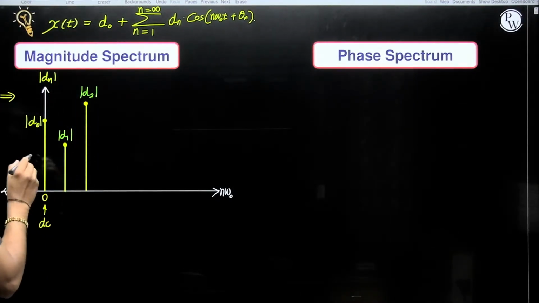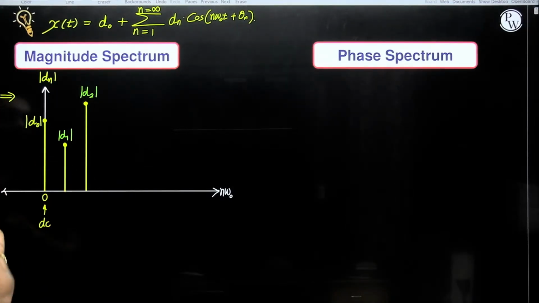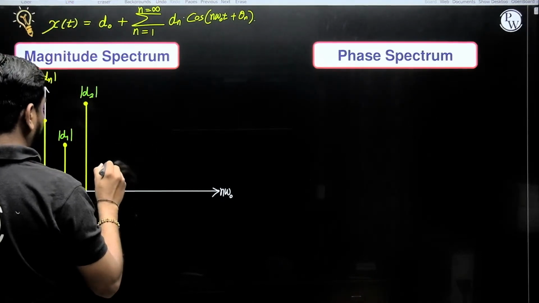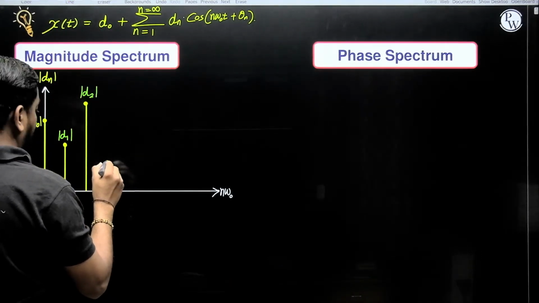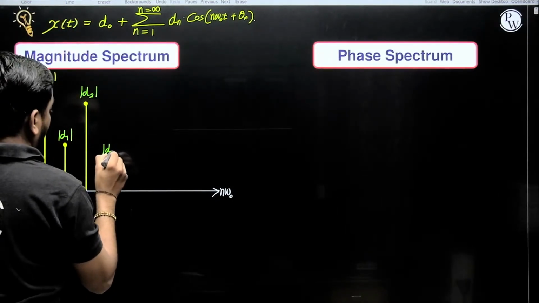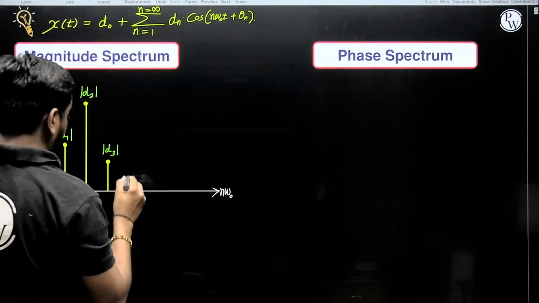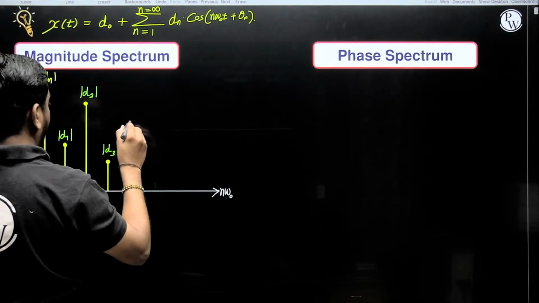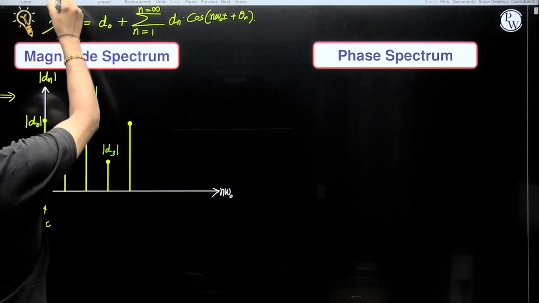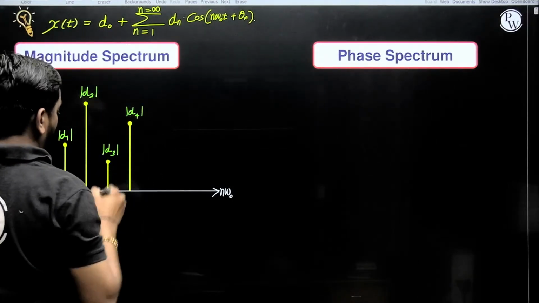The first term is the first harmonic, then the second harmonic, the third harmonic, mod D3, or D4.